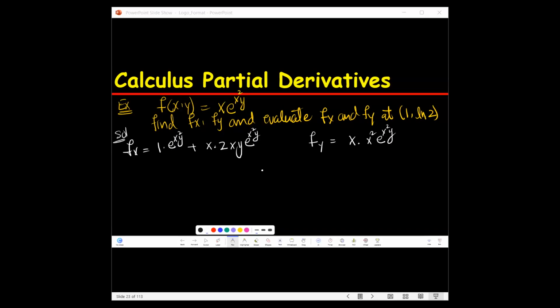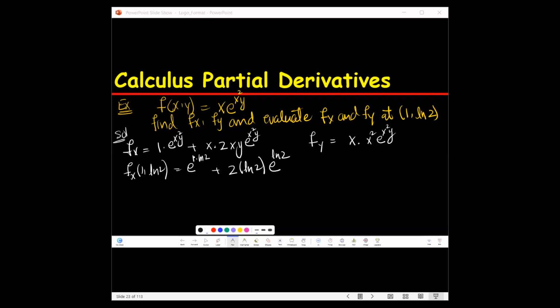Okay, now if I want to substitute the value of fx at this point, I'm going to substitute everywhere wherever there is x and y. So x goes to 1, so it's going to be e to the power 1 dot ln 2, dot means product here, plus 2 ln 2 e to the power ln 2.